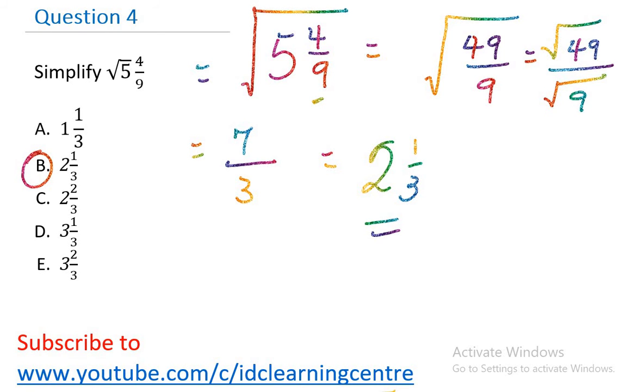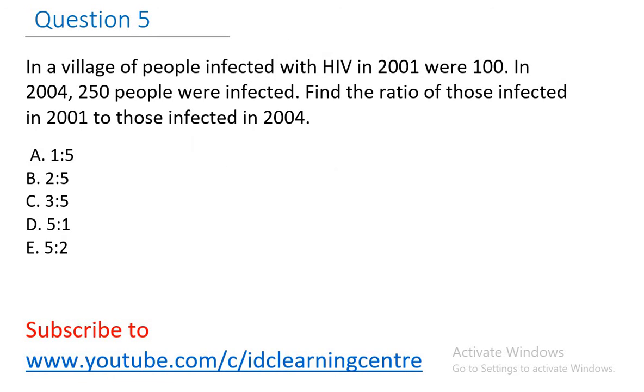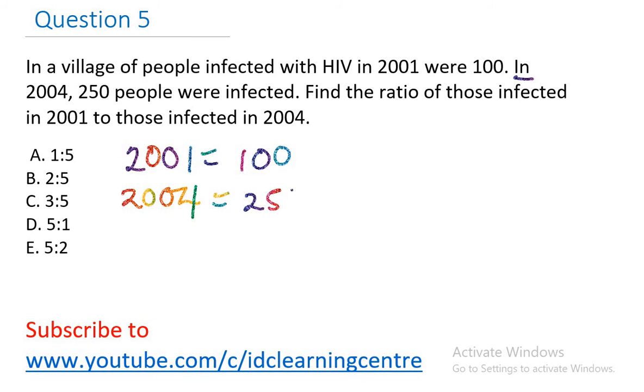Question number 5. In a village, people infected with HIV in 2001 were 100. In 2001, the number given, they were 100. Now, the next sentence, in 2004, 250 people were infected.